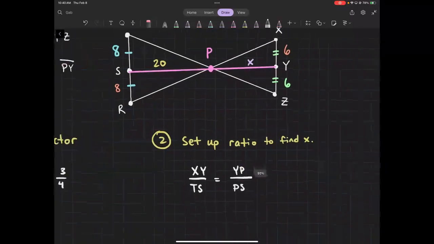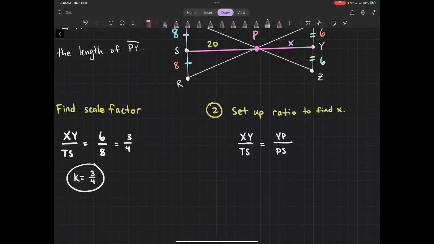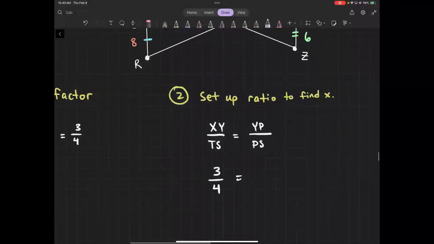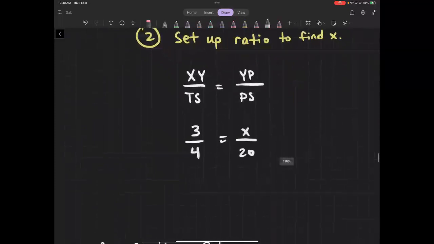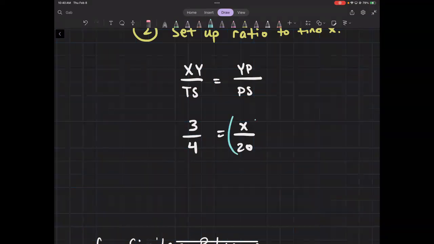Okay. We already know what XY over TS is, right? It's okay for me to just straight up say it's 3/4, right? It's understandable? Okay. YP is x over 20. And then this one's a 1 step, right? If you want to do butterfly, you can do butterfly. What do you guys want to do? Just multiply? Okay, so just multiply.